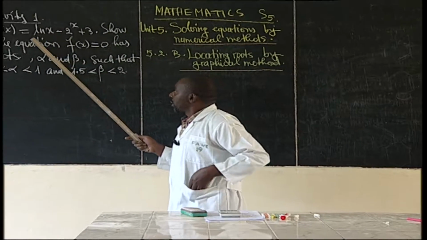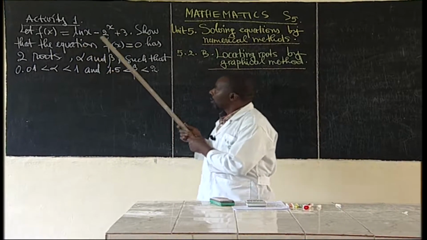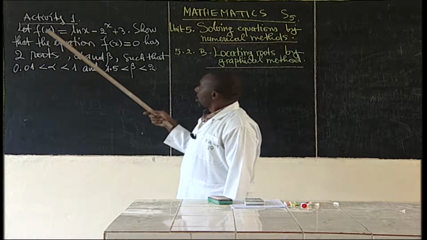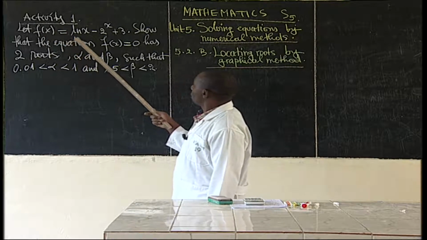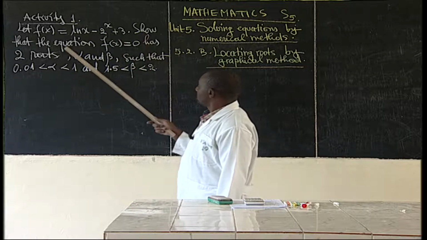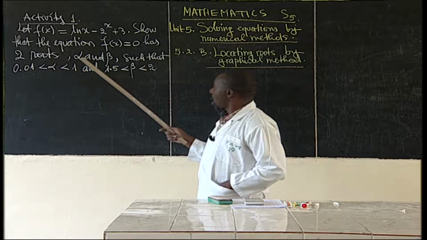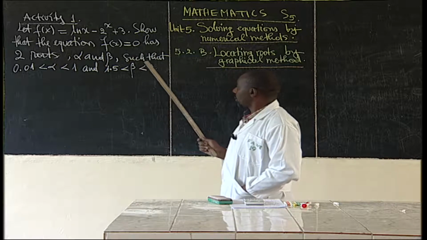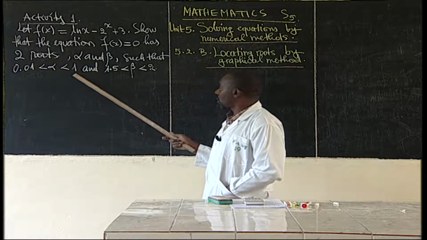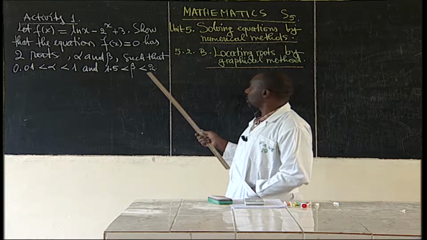So please get your calculators and exercise book and work out this exercise. Let f of x equal ln of x minus 2 power x plus 3. Show that the equation f of x equals 0 has two roots, alpha and beta, such that 0.01 is less than alpha less than 1, and 1.5 is less than beta less than 2.